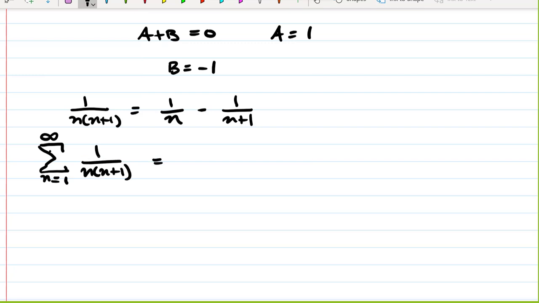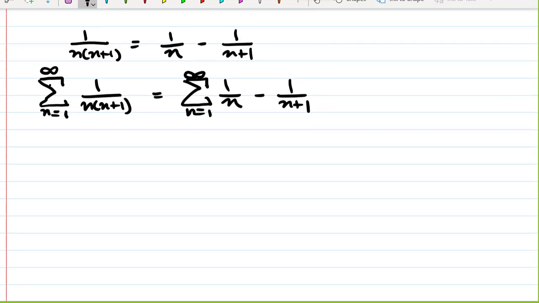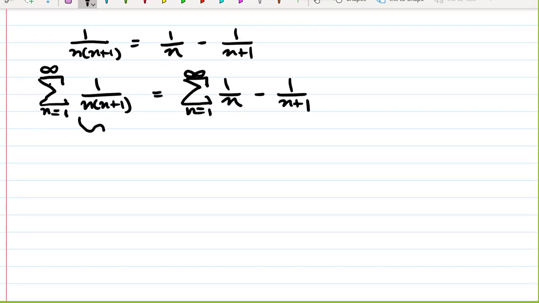This is the same as the sum as n goes from 1 to infinity of 1 over n minus 1 over n plus 1. So I've basically taken my an and rewritten it in a different way.